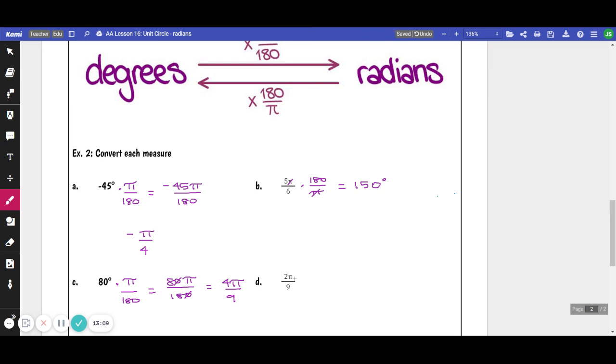And the last one, 2 pi, there's no degree sign, so it's in radians. I want to convert to degrees, so I multiply by 180 over pi. Pi's cancel because pi divided by pi is 1. 2 times 180 is 360, divided by 9 is 40 degrees.